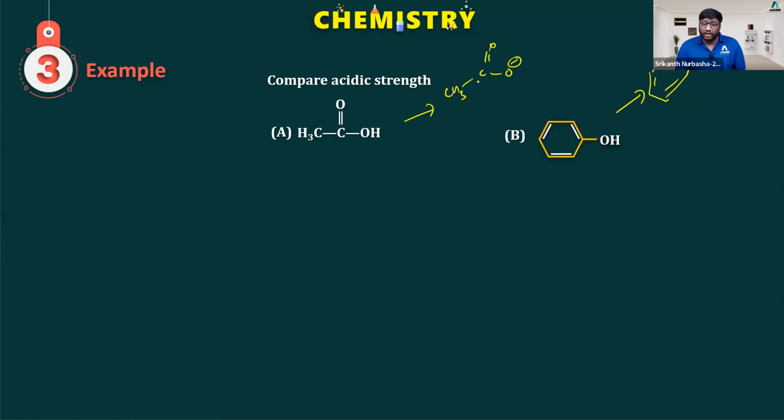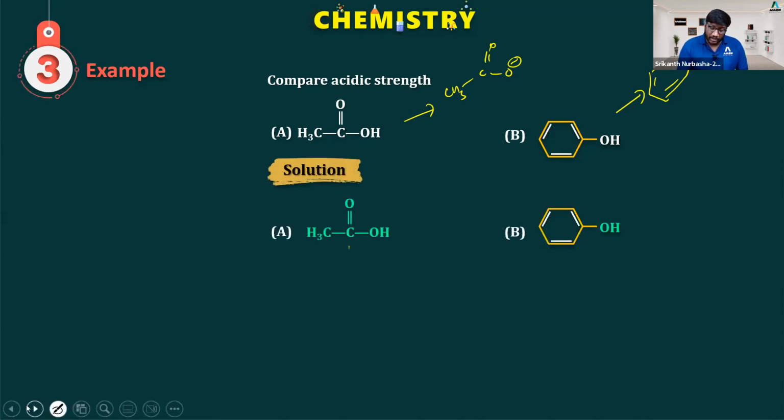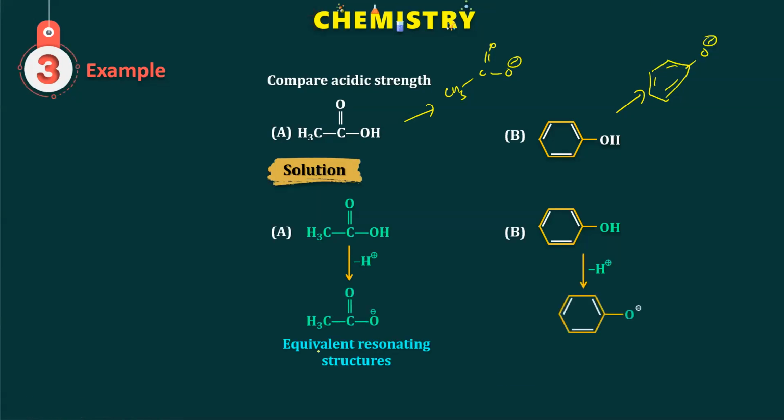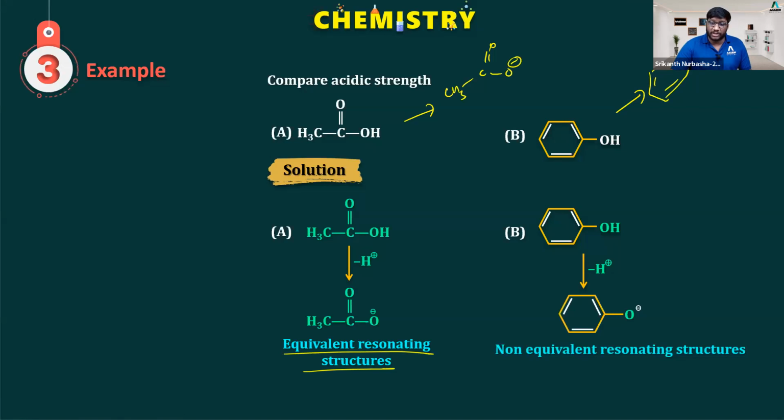Just now we have seen that in acetate ion we have two equivalent resonating structures, and the negative charge is present on the more electronegative oxygen. Because of that, acetate ion is more stable. If acetate ion is more stable, acetic acid is a stronger acid. Whereas in phenoxide we have non-equivalent resonating structures.